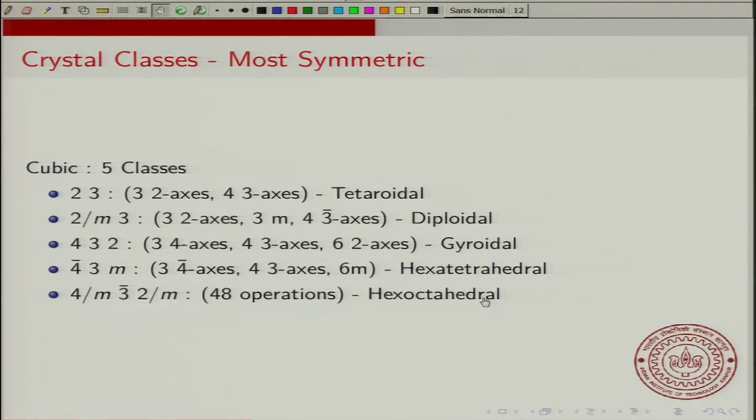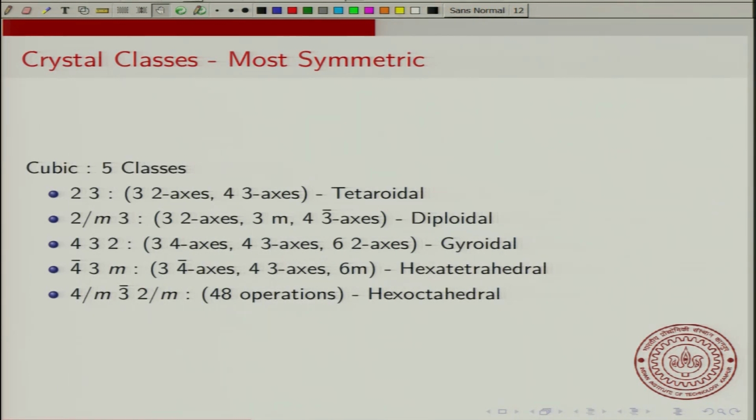With this we complete the discussion of the 32 crystal classes, and I just want to make a couple of points. I do not expect you to remember the names of all these 32 crystal classes. However, I do expect that you remember that the cubic crystal has 5 classes, and you should know some important crystal classes like the hexaoctahedral or the gyroidal and so on.